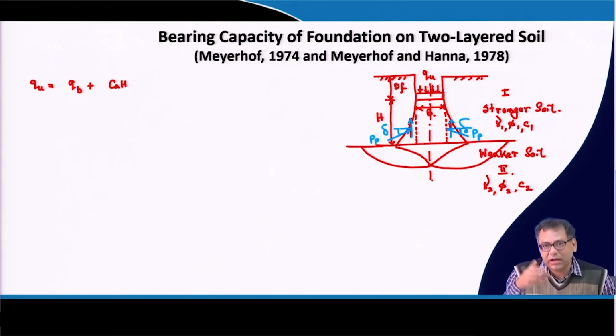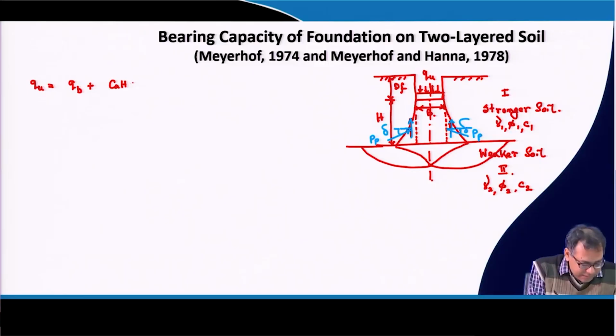So, your cohesion will act along the H. That means Ca into H will give you the resistance due to cohesion, or shear stress due to cohesion, and due to the passive one also there will be a value, because it is at an angle delta.